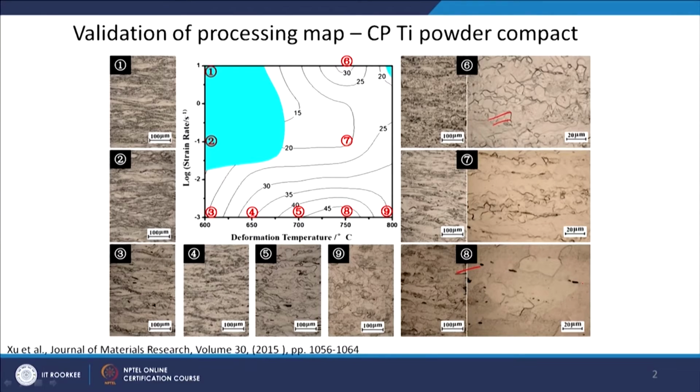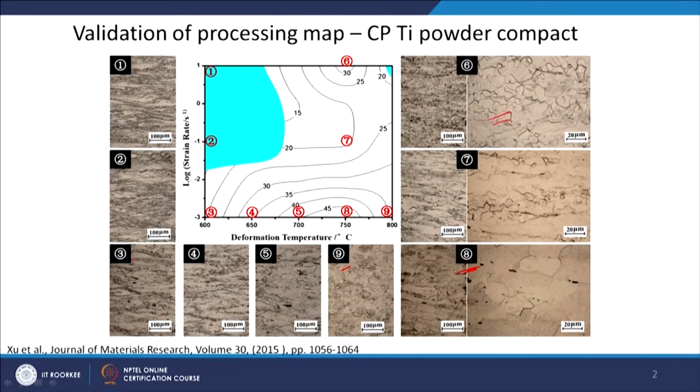So, all this region 3, 4, this 3, and here I think you can see some partially recrystallized grains forming on the boundary. So, 4, 3, 4, 5, all these are usually high efficiency region, 8 and 9 also. So, 8 is here and 9 is here, more or less recrystallized microstructure.